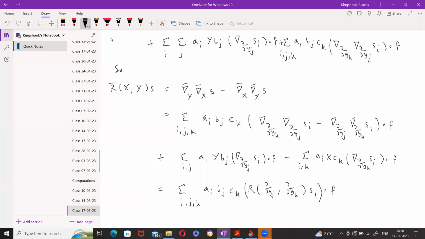Okay. So now I can put the sum over j inside. This bj I can put inside with this del del yj, and the ck I can put with the del del yk because r is bilinear, right? And then when I sum over j, the sum over j bj del del yj composed with f will be r of dfx. And then similarly, I'll get r of dfy, right?